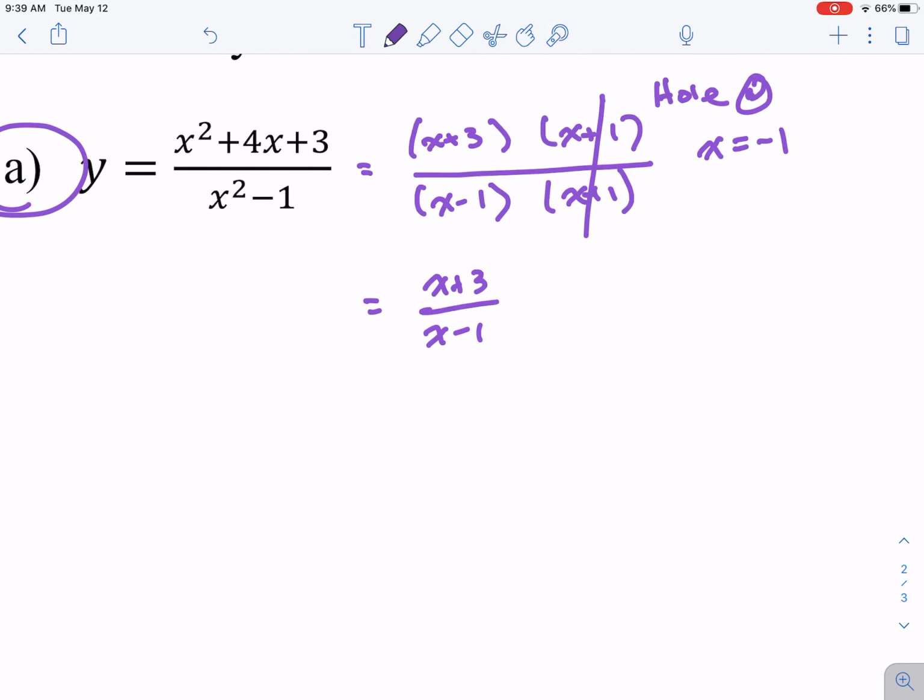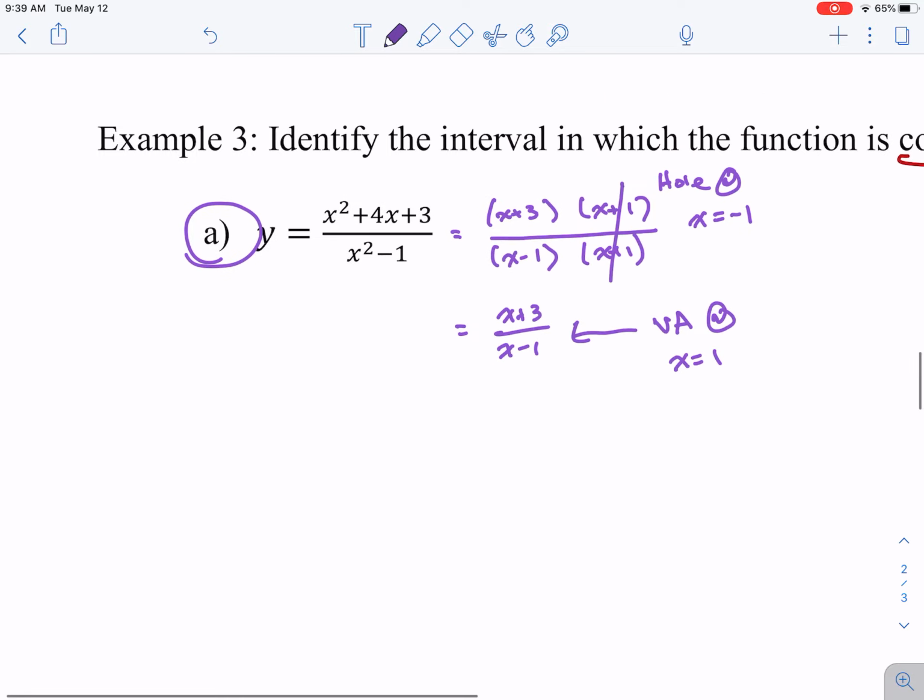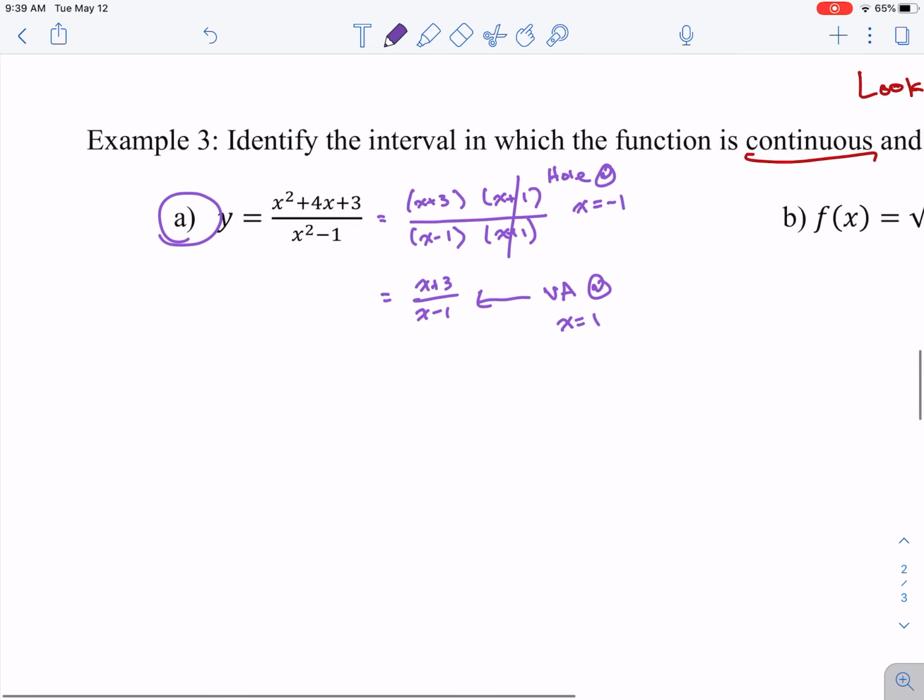And looking at this function, to find the vertical asymptote, you look at the bottom. You set the bottom equal to 0, so we're going to have a vertical asymptote at x equals 1. So those are the only places that it's discontinuous.